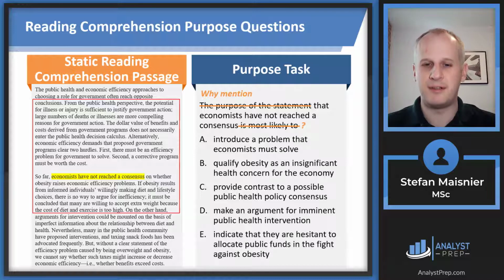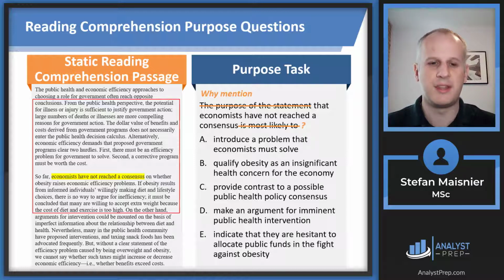First, there must be an efficiency problem for government to solve. Second, a corrective program must be worth the cost. So far, economists have not reached a consensus on whether obesity raises economic efficiency problems. If obesity results from informed individuals willingly making diet and lifestyle choices, there's no way to argue for inefficiency.